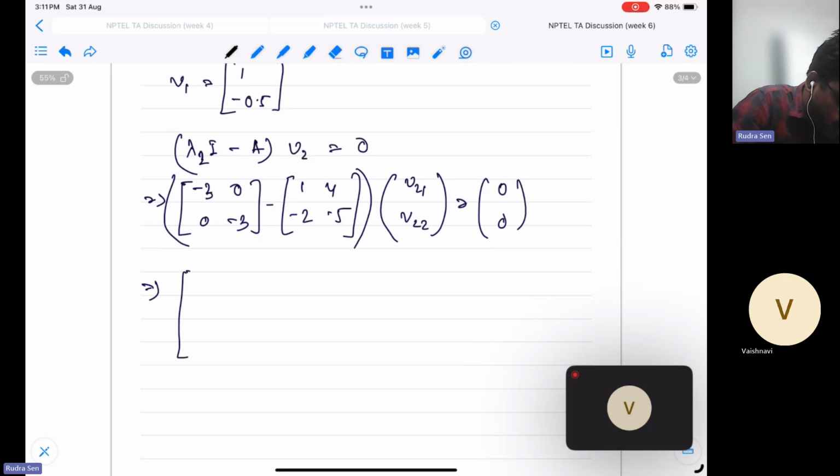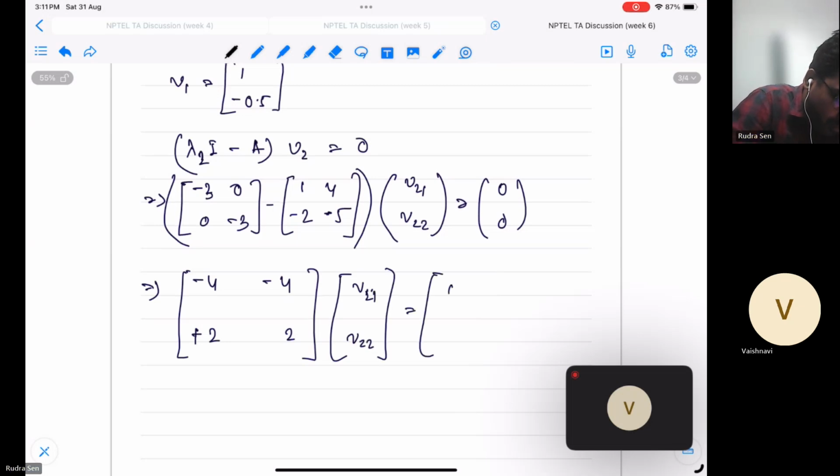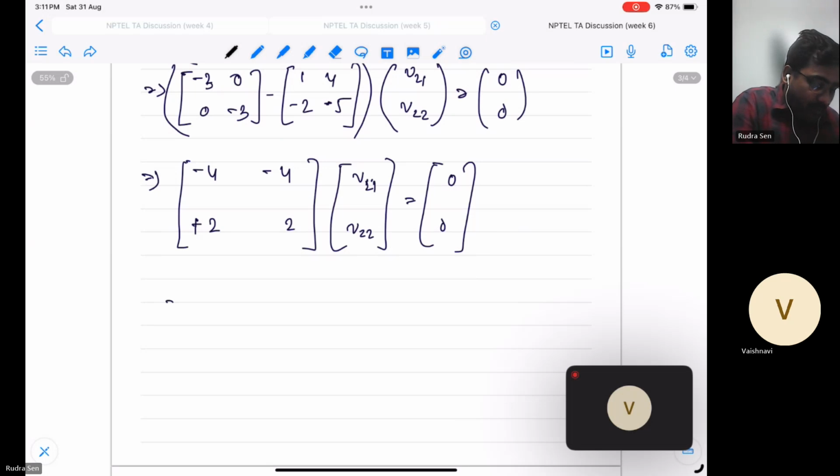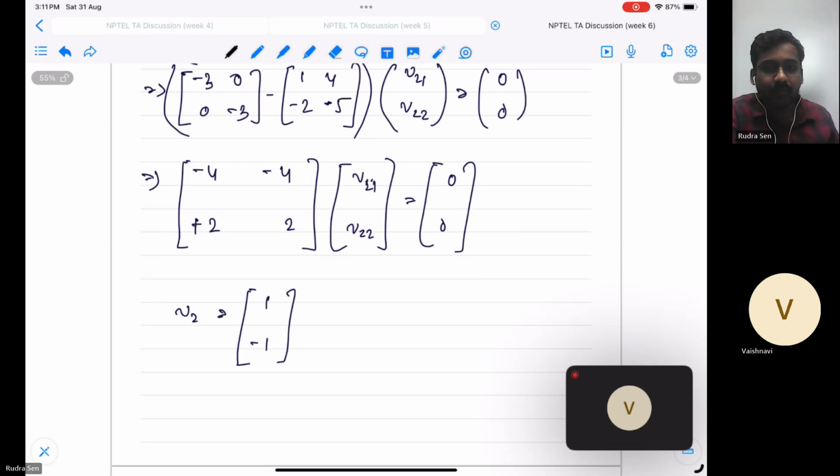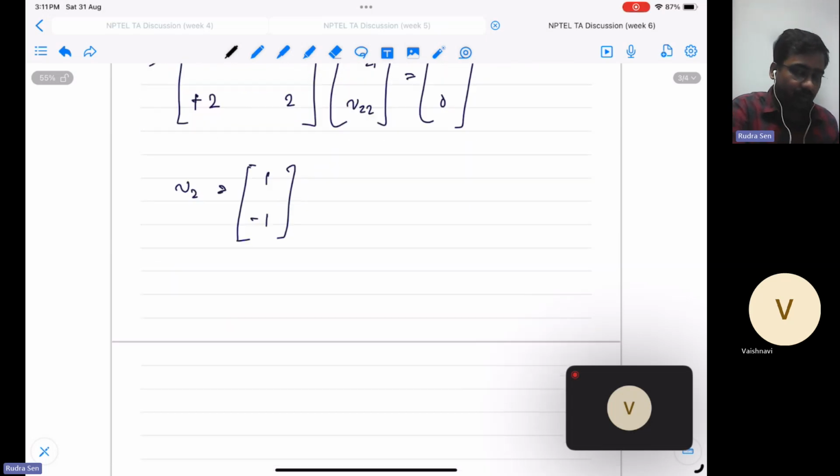What we get is minus 2, minus 4, plus 2, 2, times V21, V22. So V2 is basically 1 and minus 1, right? So this is the value that we get.